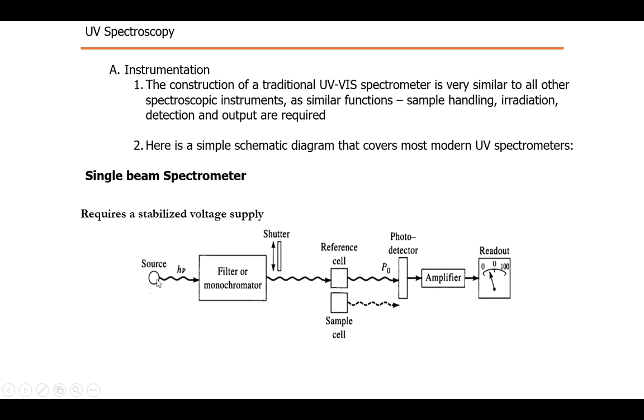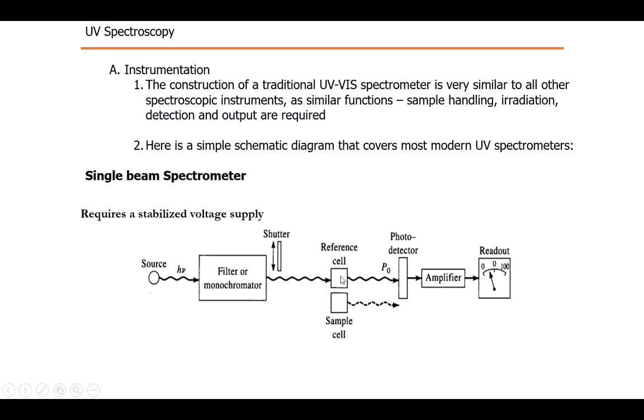We have a source of radiation. The radiation will fall on the monochromator or filter, which would select some wavelength of the radiation, and its intensity is controlled by the shutter, which would fall on the reference cell separately and on the sample cell.